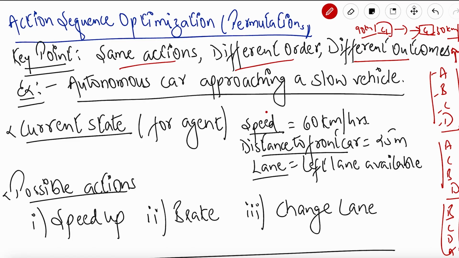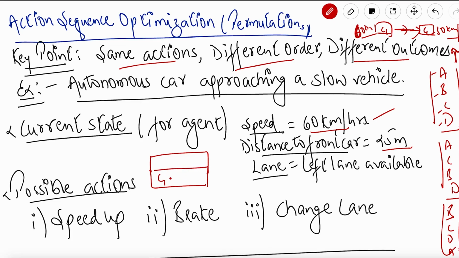Let's say the current state for this car is, for example, not 90 but 60 kilometers per hour. The distance between these two cars is 25 meters. Say this is the road, it's a 2-lane road.